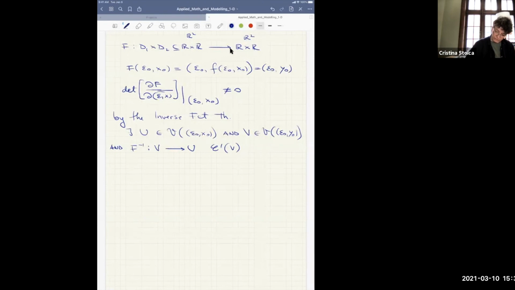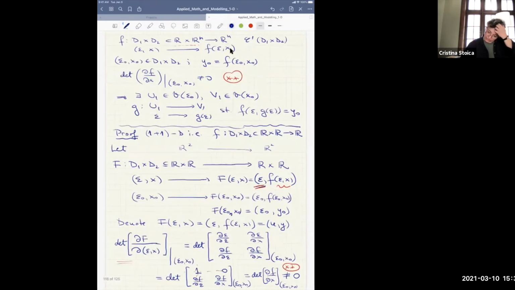And F⁻¹ does what F⁻¹ does: F of F⁻¹ of (ε, y). We had a notation on the other side, so let's put a green star on it.